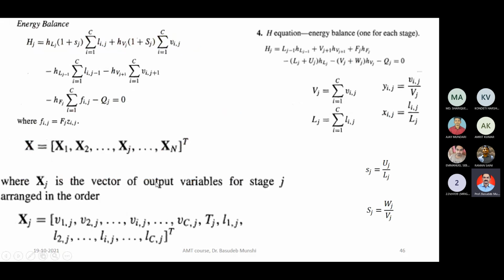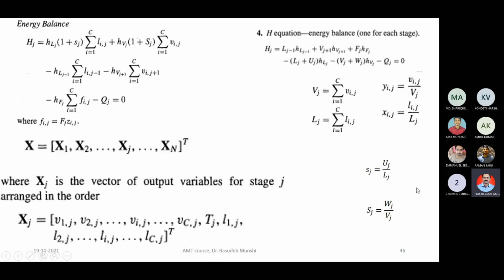Then look at this equation. Here we have enthalpy terms, but for enthalpy different relations are there, and source equations are there, so you can estimate them. Now here we have this input, but the variables are Lij, Vij, Lij minus 1, Vij plus 1, like that.